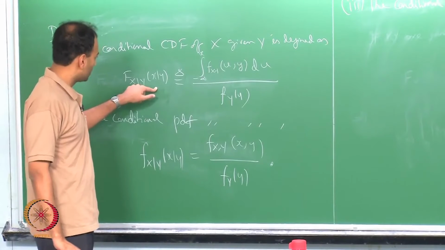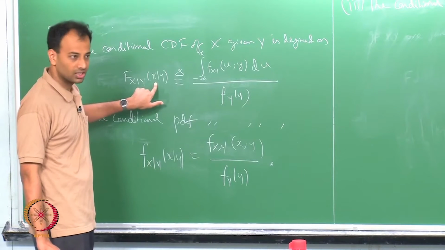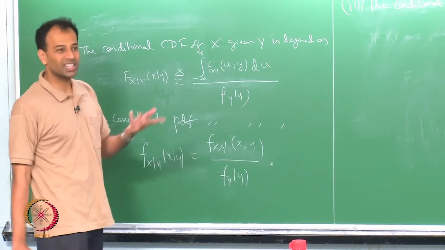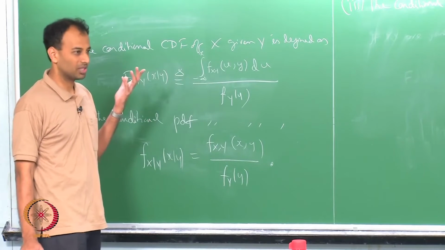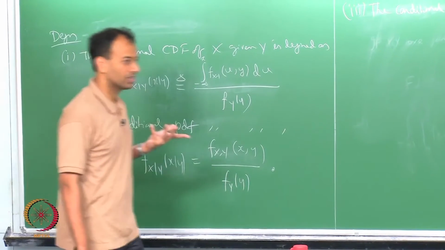So this is the probability of the event that capital X is less than or equal to little x given y equal to y. Now I am talking about some generic event in the sample space, it may not be x less than or equal to x, it may be something more complicated.